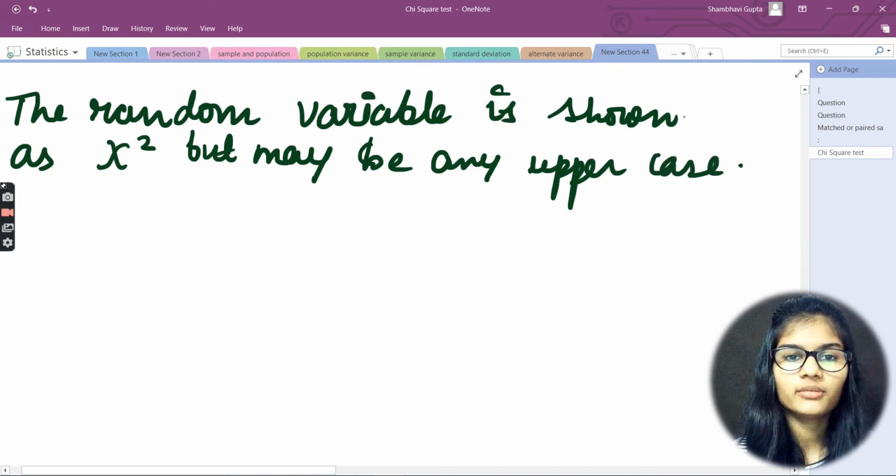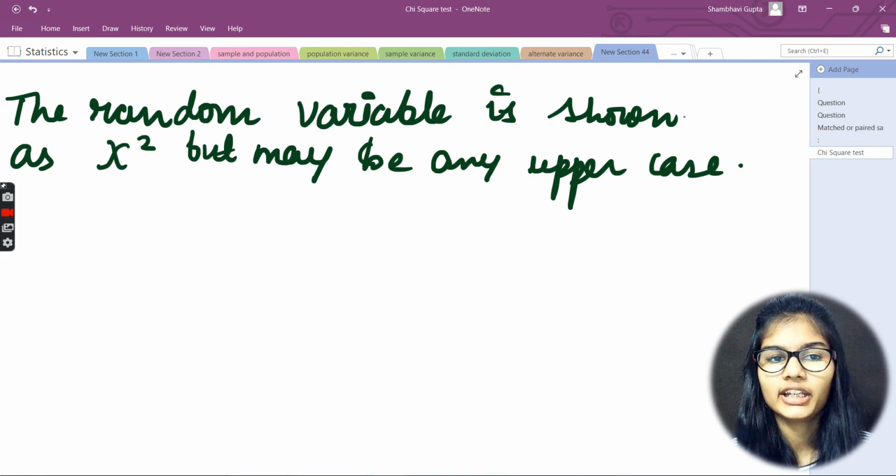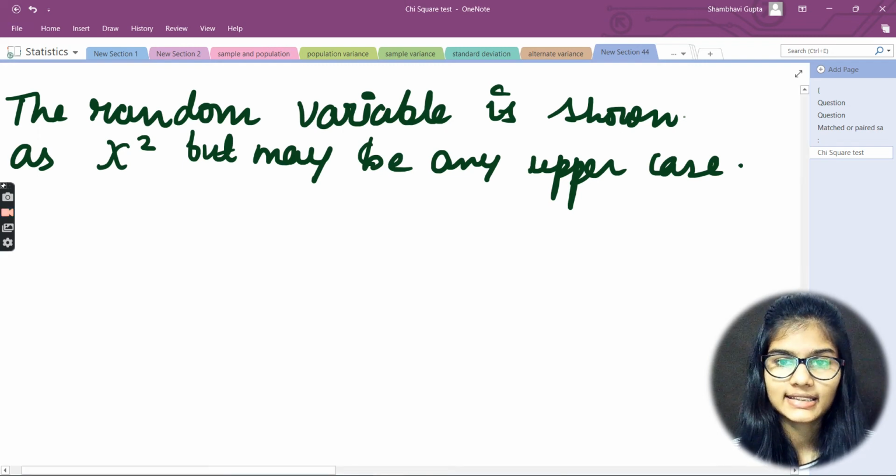That's not related to what is right here, because maybe some of you have the doubt that the denotation for this random variable is absolutely the same. So how would I differentiate what is what? In that case, this is a sentence which I have written. You could follow this.